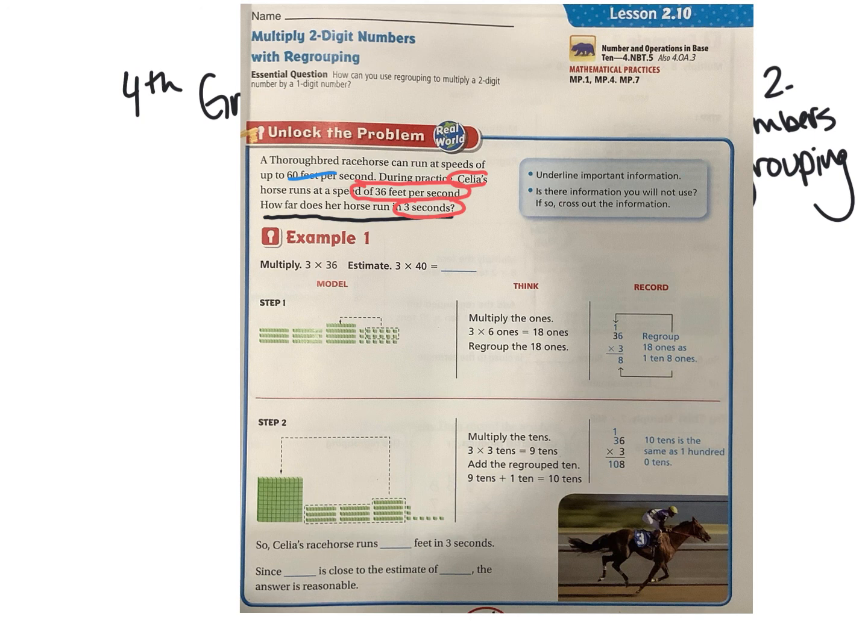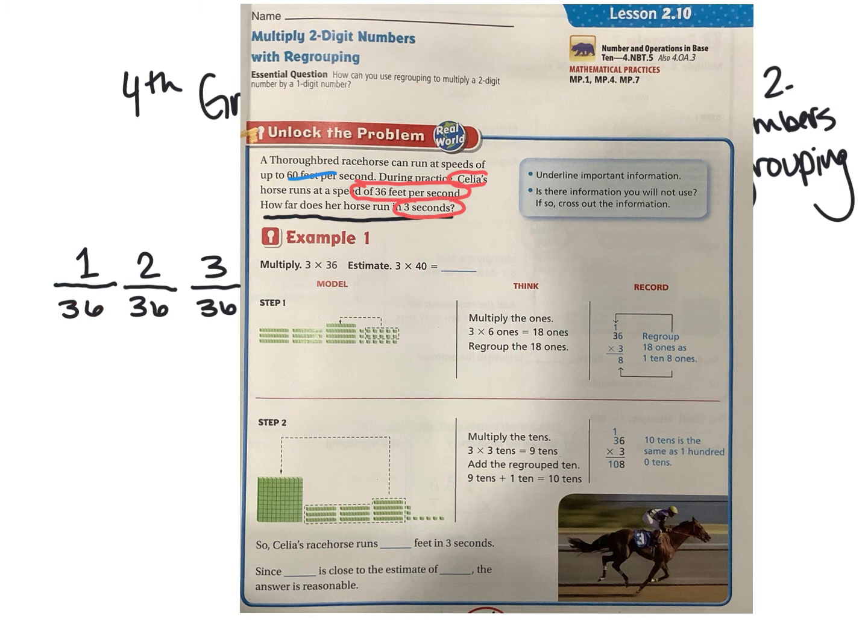All right. And I'm going to draw the picture because maybe you don't recognize right away that this is multiply, even though they give it to us. But I want to make sure that your brain knows why it's multiply. So if the horse can run the distance of 36 feet, Celia's horse, in 1 second, then in 2 seconds, there's 36 again, and in the third second, there's 36 again.